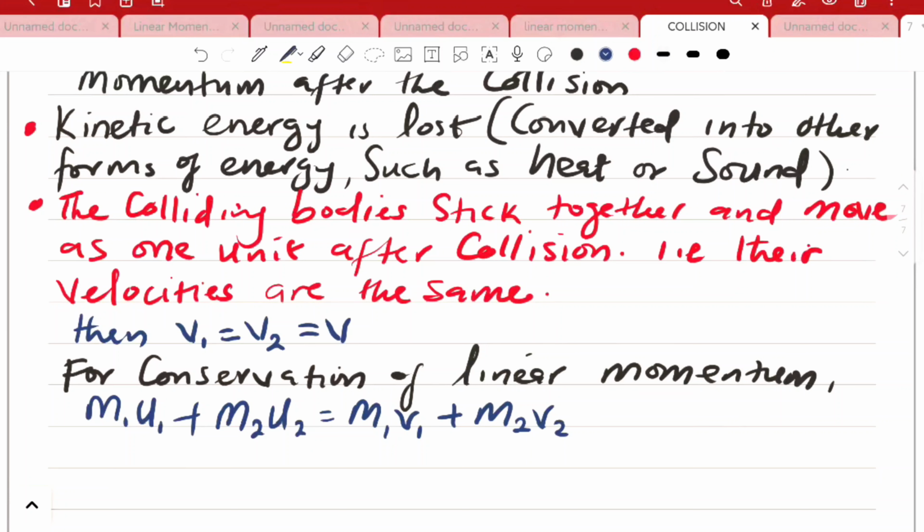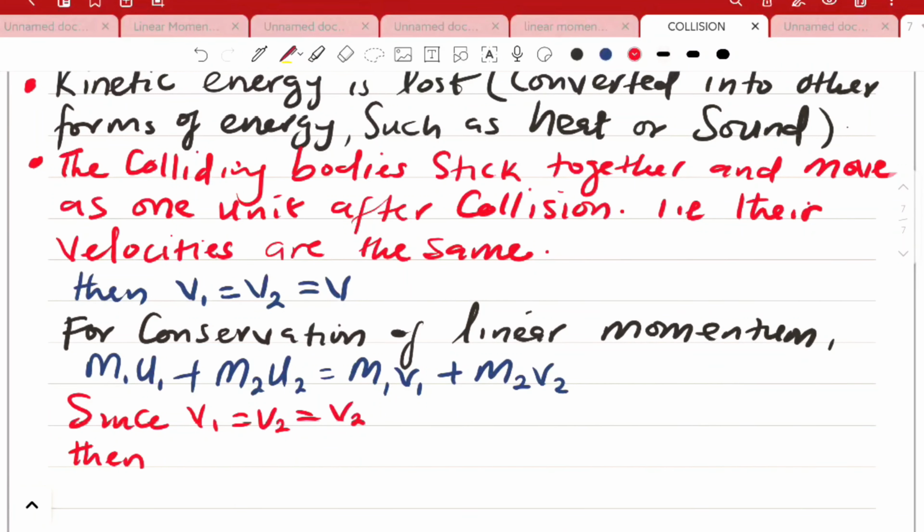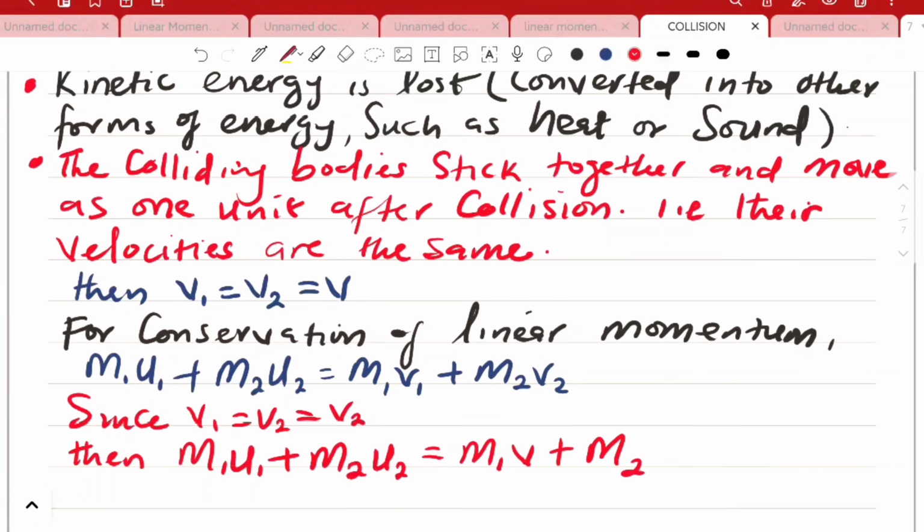If we proceed further, by substitution, V1 is equal to V2 and is equal to V. Then M1 U1 plus M2 U2 will equal M1 V plus M2 V. So V is common between M1 and M2 when you consider the final velocities.